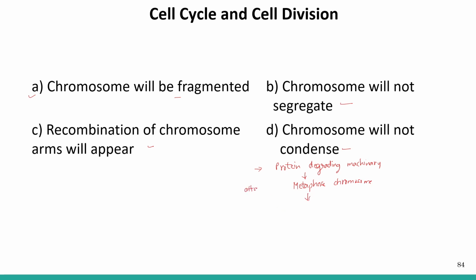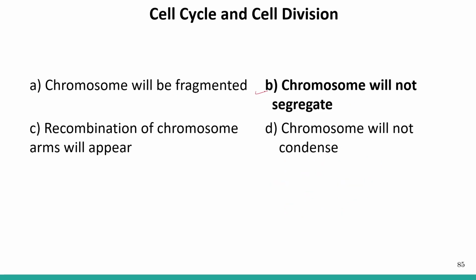They attach at the metaphase chromosome and they help in the segregation of chromatids. So what should be the answer? Chromosome will not segregate. This is the correct answer: chromosome will not segregate if APC is defective in human cells.